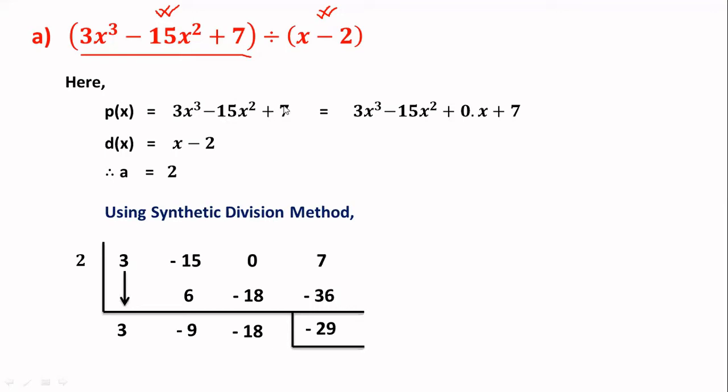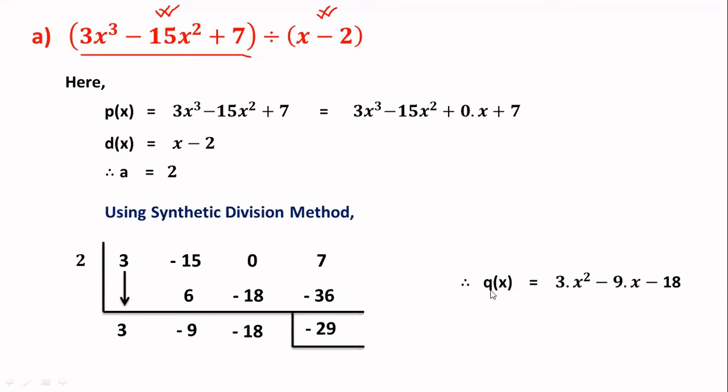What I mean is, when a dividend polynomial of degree 3 is divided by a divisor of degree 1, the quotient degree will be 2.